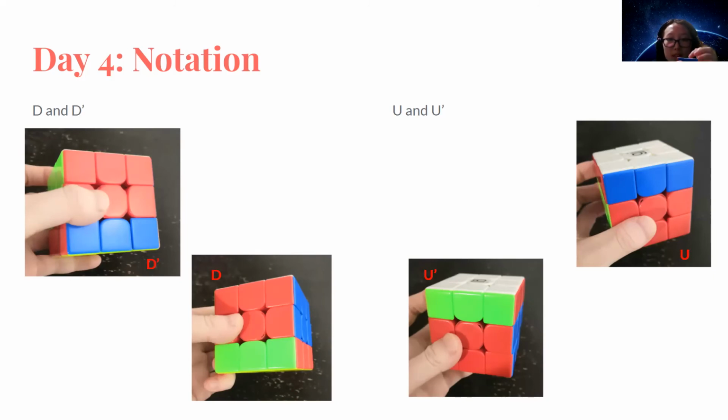Now from the top perspective, it looks like it's going counterclockwise, but you have to remember that if you were to face the U, it's actually going clockwise in the U direction. And then same thing, U prime is kind of turning right over and over and over again.